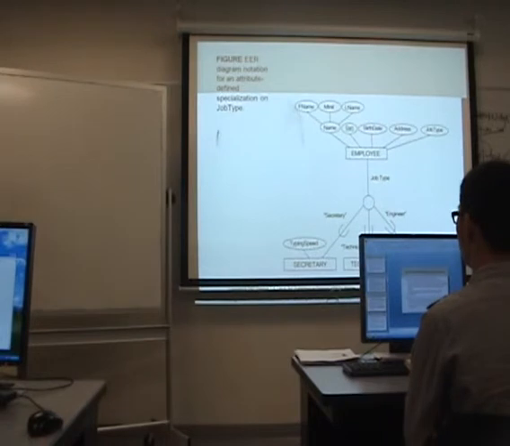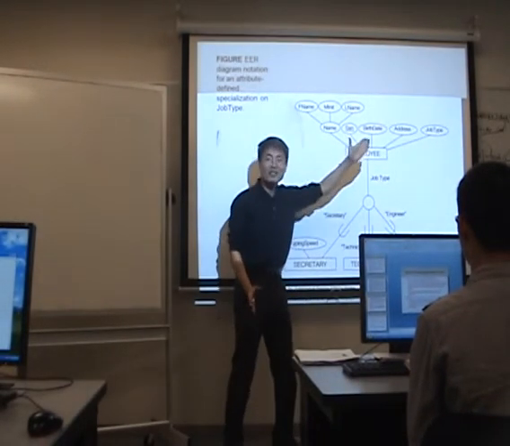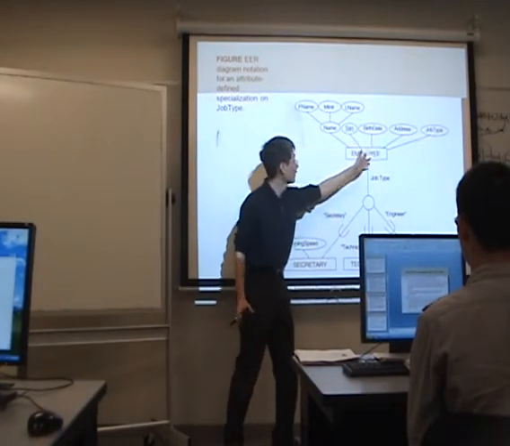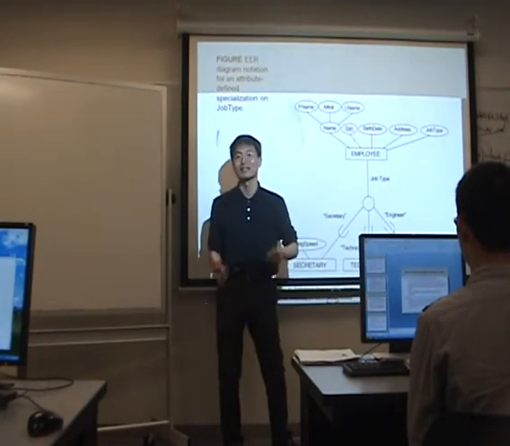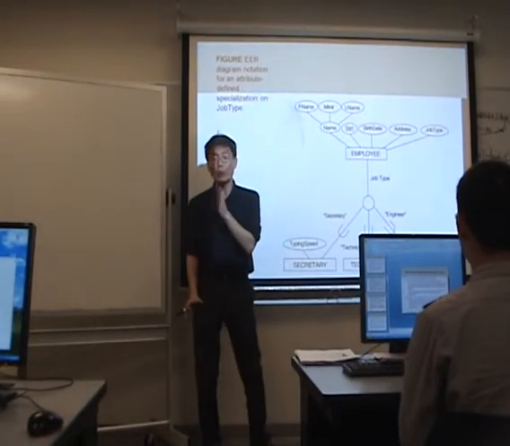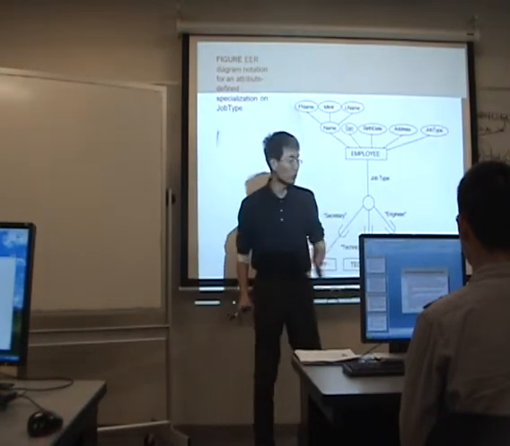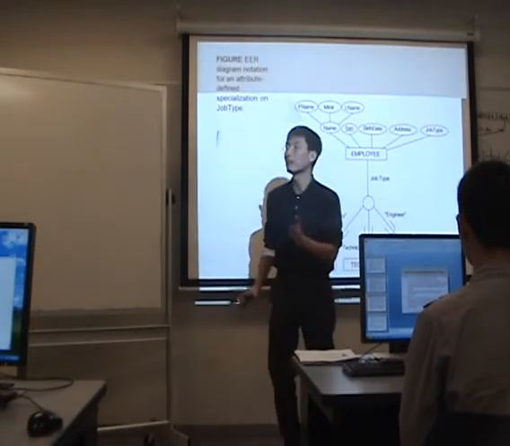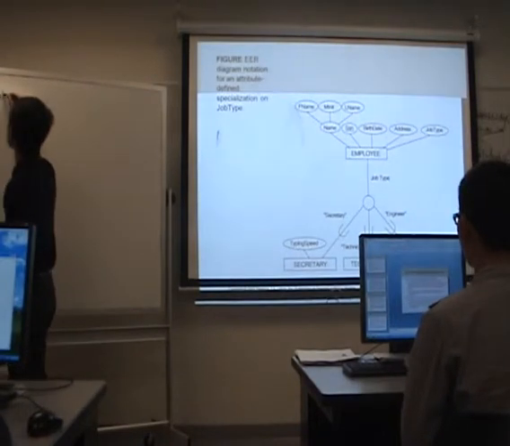First option is, why don't we create one relation for each class? This is one entity. So employee relation, employee table, secretary table, technician table, engineer table. So one relation for each class.